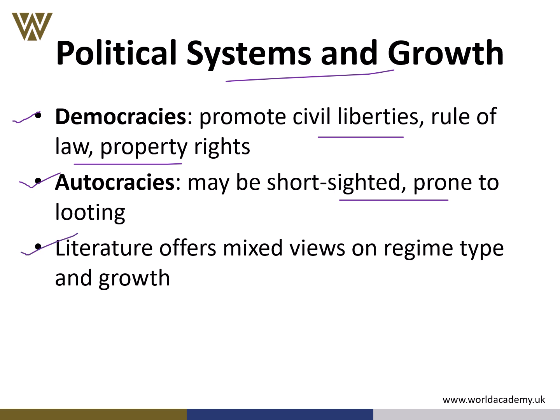The literature offers mixed views of regime types and growth, and everybody has a different understanding of the various regimes, be it autocratic dictatorship, socialist, capitalist, or democratic economy. Every system will have its own pluses and minuses, and that needs to be understood and appreciated.